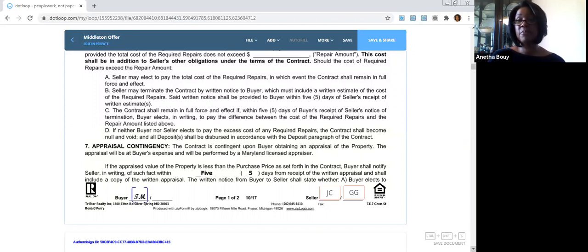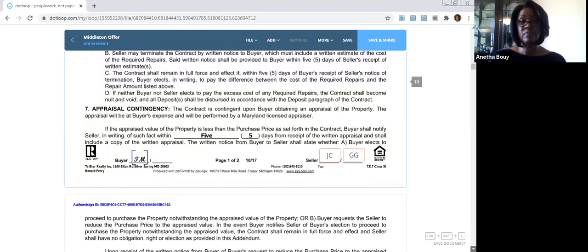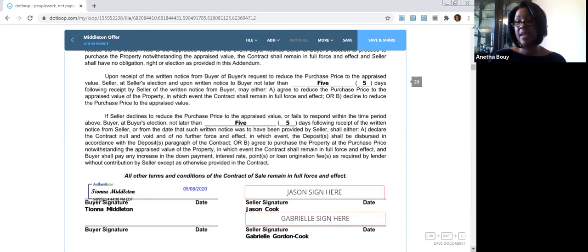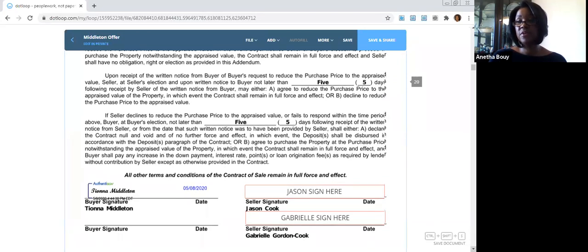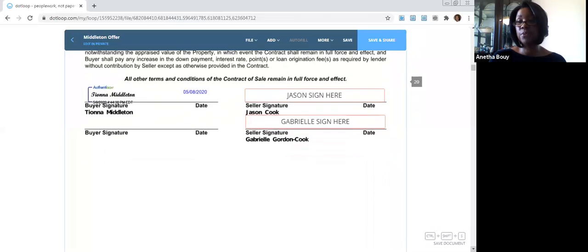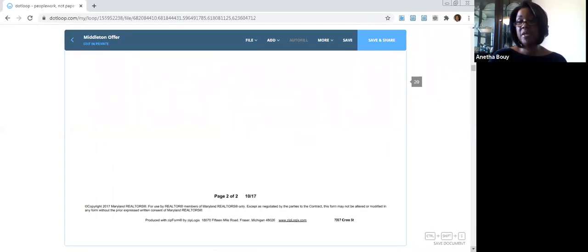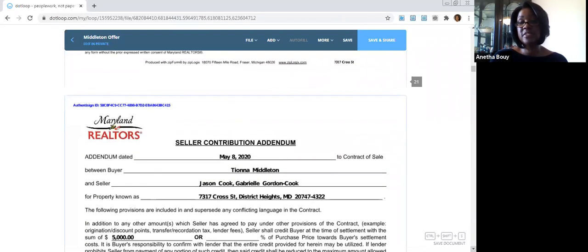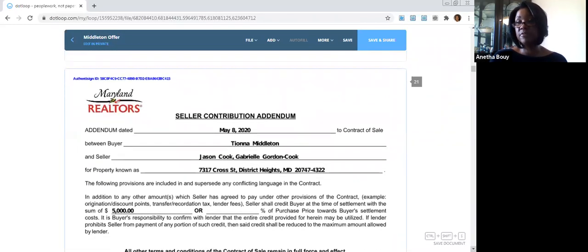The property did not appraise at the sales price. Okay, and then it gives you opportunity to go back to them, and you decide, okay, well, I'll accept the appraised value and we'll amend the offer, or maybe they would make the decision that no, we're not going to accept it and we'll move on to another offer.